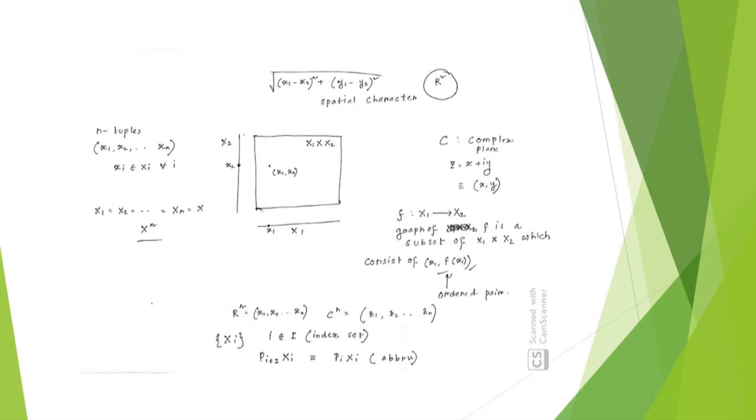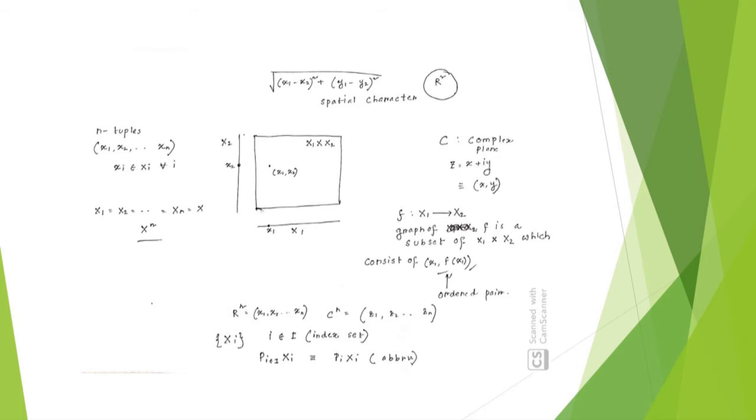But our present attitude is that this R2, or R square, is a pure set and has no structure whatsoever, because no structure has yet been assigned to it.